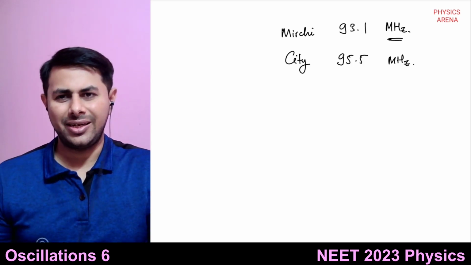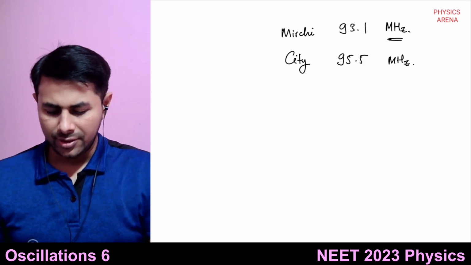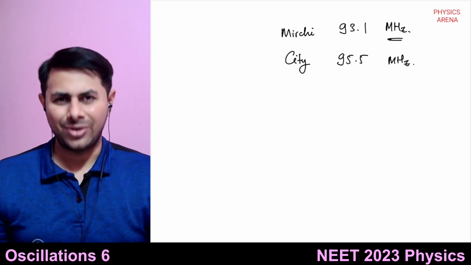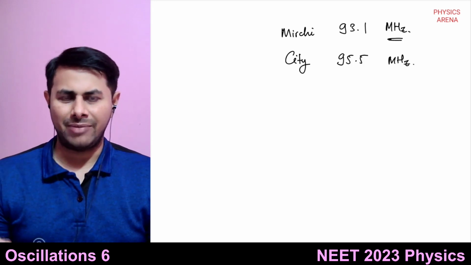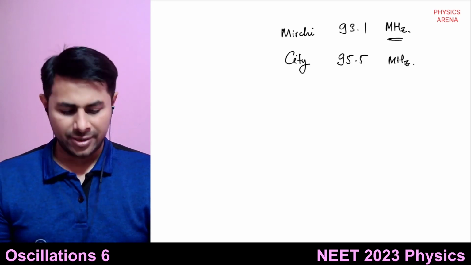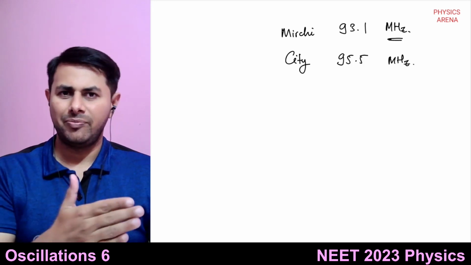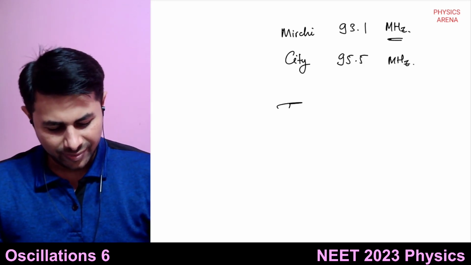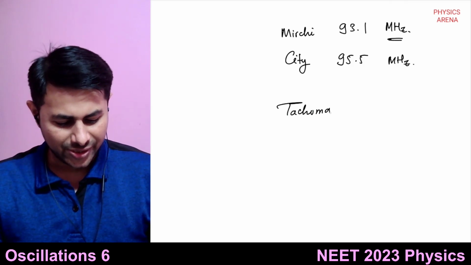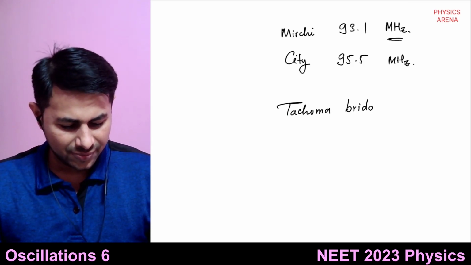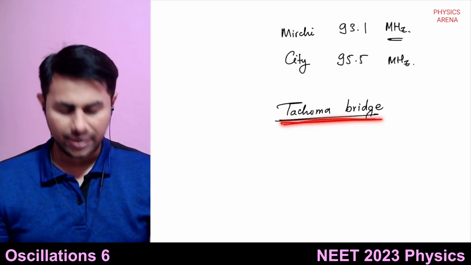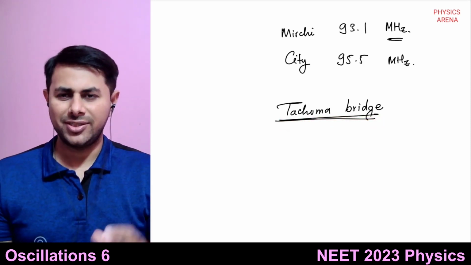There was an incident when a bridge literally collapsed, but not because of the marching of soldiers; it was because of periodic winds. The name of that bridge is Tacoma Bridge. You can search for and watch this video.